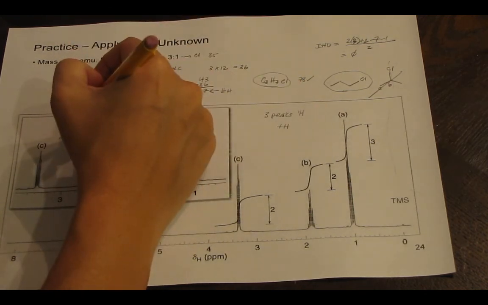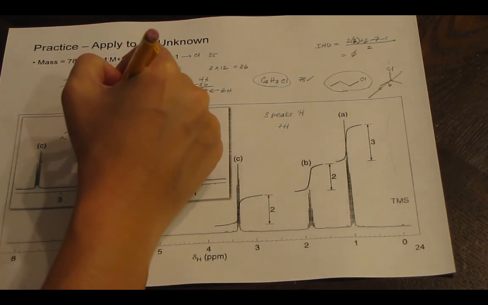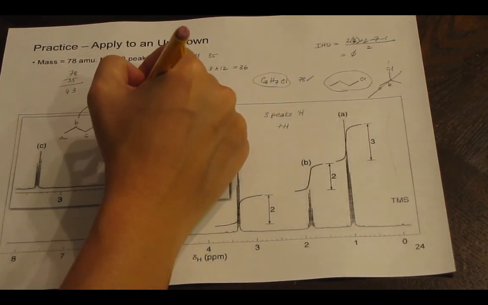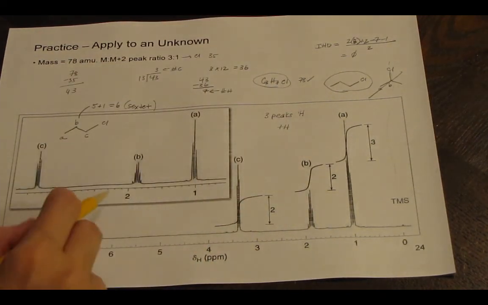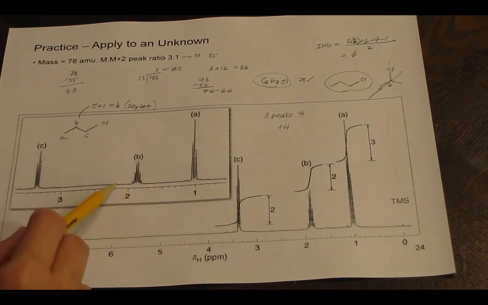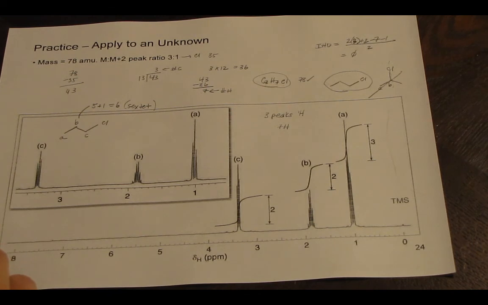So that's n plus 1, 5 plus 1 is 6, which is a sextet. So we would expect B to have 6 lines, and you can see here 1, 2, 3, 4, 5, 6. And the ratio of the lines is due to Pascal's triangle.